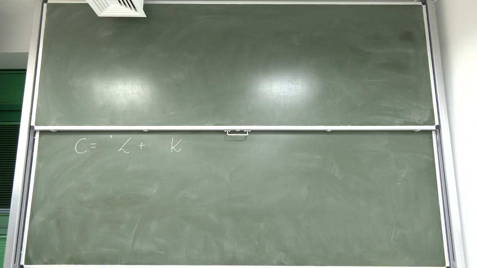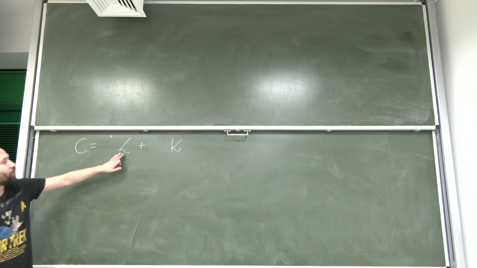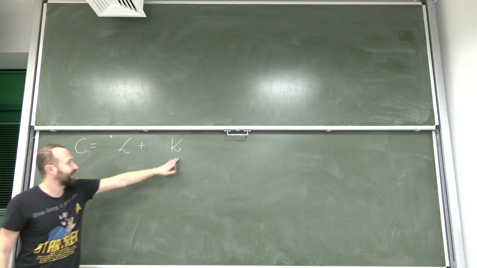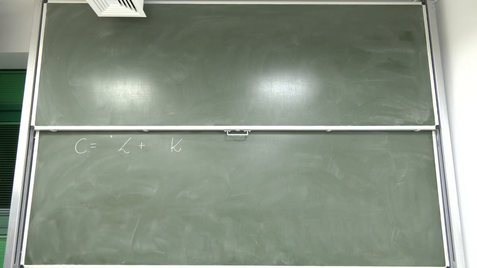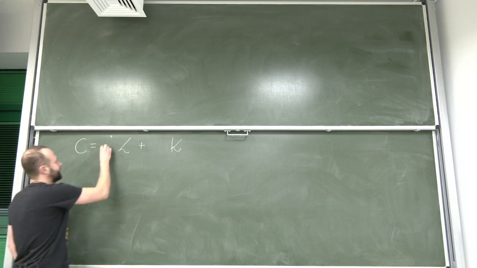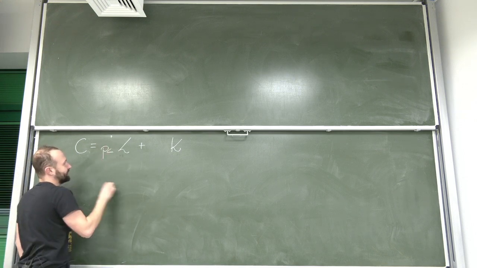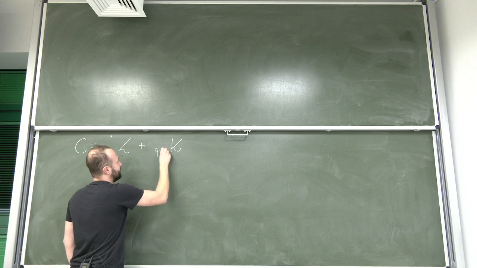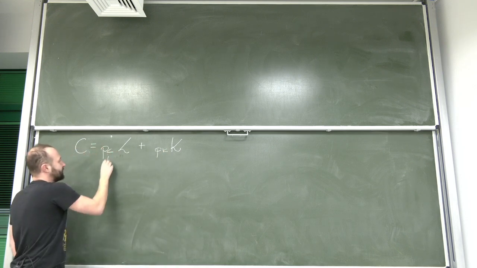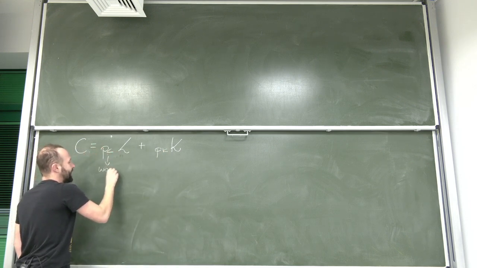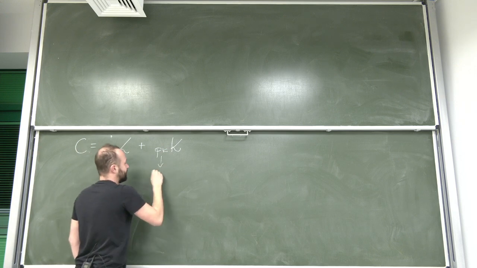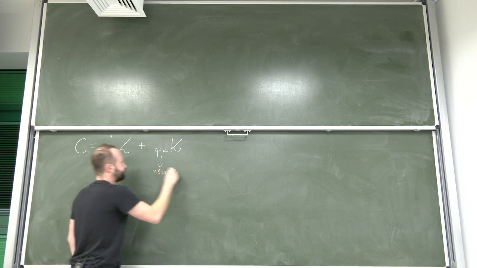Now, these are the quantities of labor and capital used, but of course, before we pay for them, we need to know their prices, right? So this is going to be price of labor, and this is going to be price of capital. So in other words, we can think about it as wage, and about this one as rent.